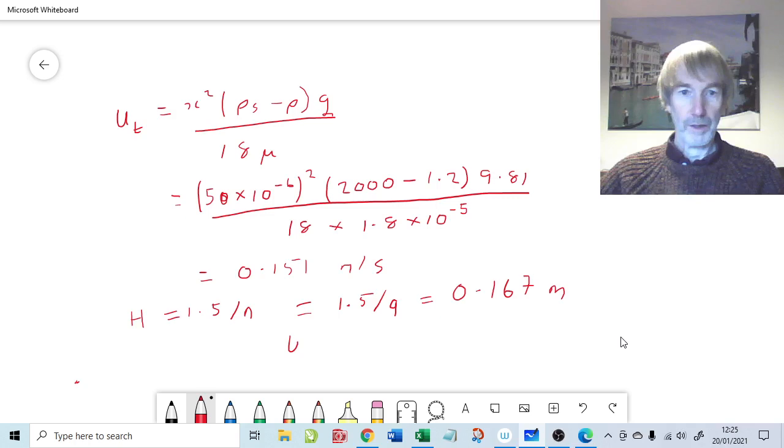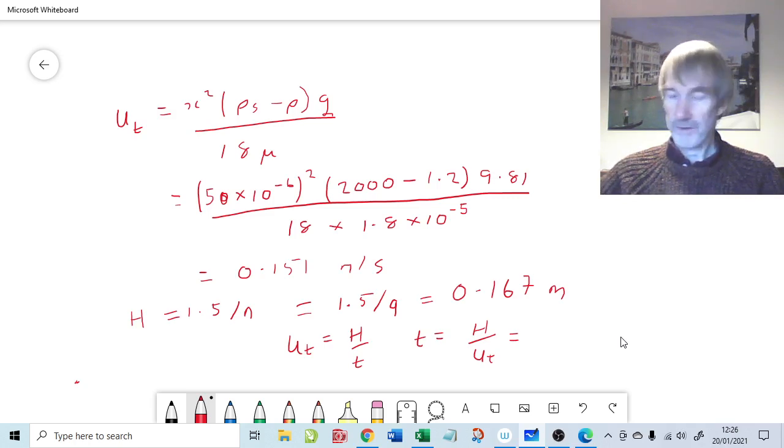So ut equals height over time. So time equals height divided by ut, equals 0.167 divided by 0.151.